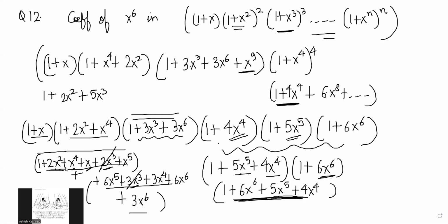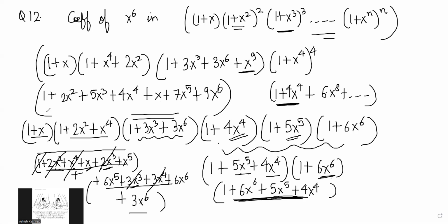So this and this is done. 2x square is done. 1 is done. Then x power 4 is there here and here. So 4x power 4 should come. So from here and here. And there is an x as well. Okay, so I should write an x actually. X power 5 is 7x power 5 and 9x power 6.